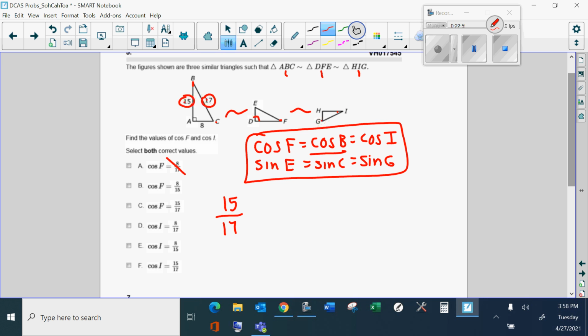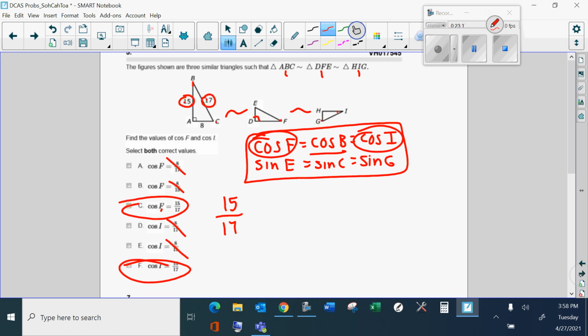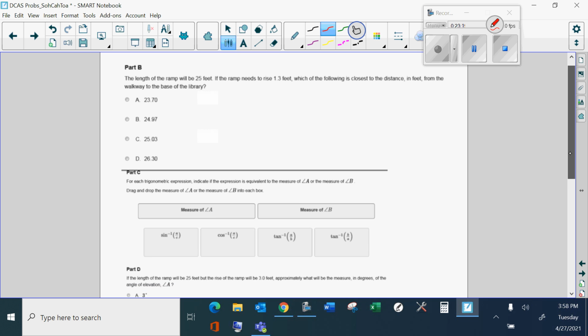Which wipes out 8 over 17, 8 over 15. That equals the cosine of F. Yes, it is. Cosine of F is right there. So that's true. And the cosine of I, which is true right there. Okay, so you've got to be able to go back and forth like that, set those up. Those are different ways of doing the same type of problem.